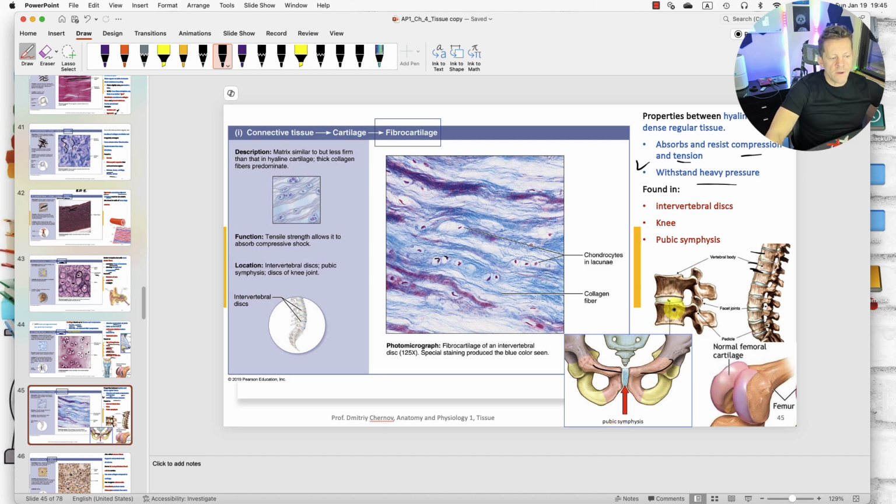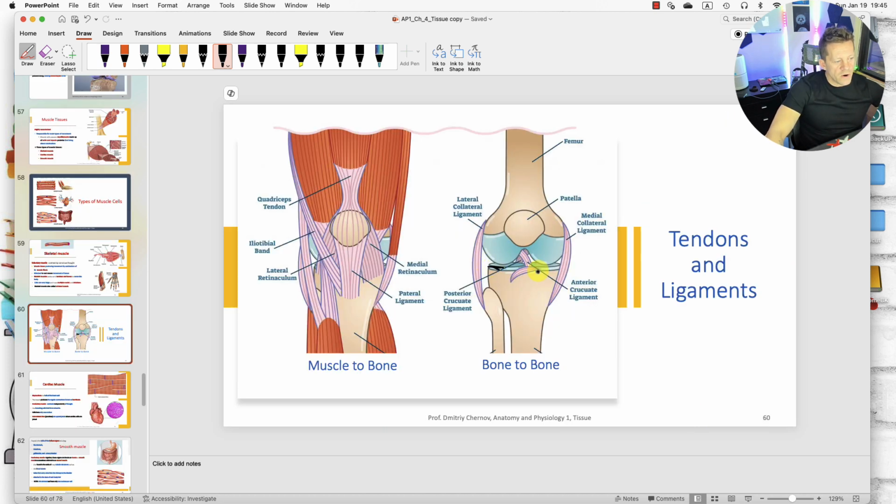That's where you mostly find the fibrocartilage. And also within the knee meniscus, so this meniscus right here is fibrocartilage, but this is the hyaline cartilage. Of the one bone, and here's another bone, here's the hyaline cartilage, but the meniscus is made of fibrocartilage. We will discuss this in the skeletal system.